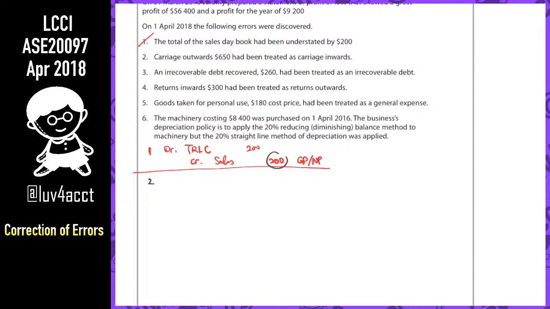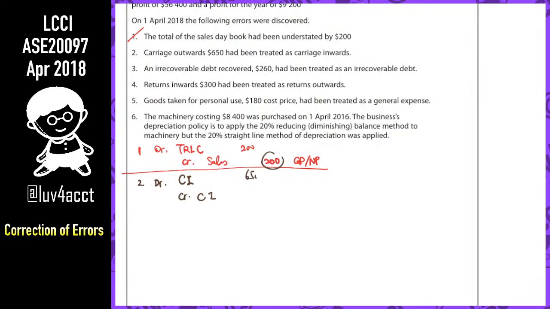Item 2, carriage out 650 had been treated as carriage in. Carriage out is an expense, carriage in is part of cost of sales. They are both cost and expense, so there will be no change in the net profit, but there will be a change in the gross profit. So carriage out treated as carriage in; you put it back to carriage out 650.